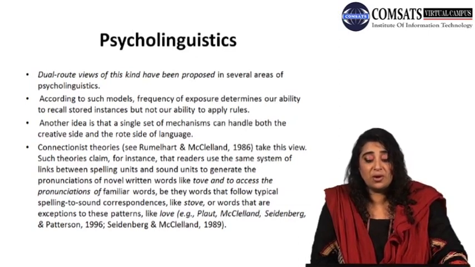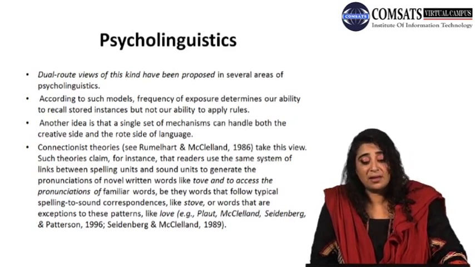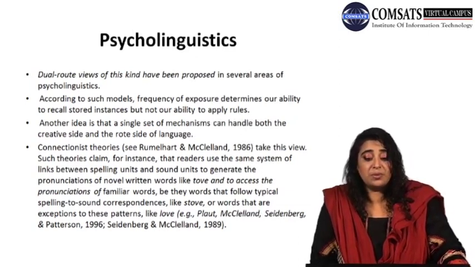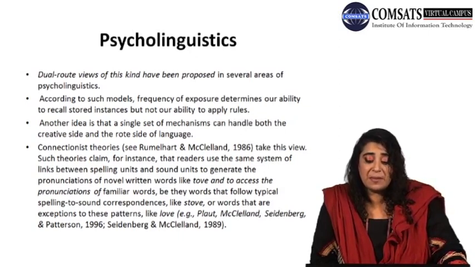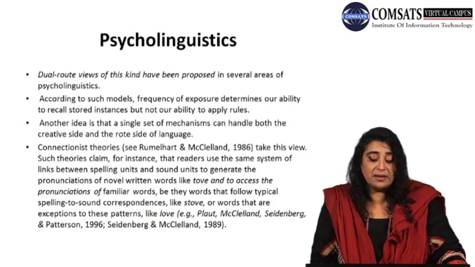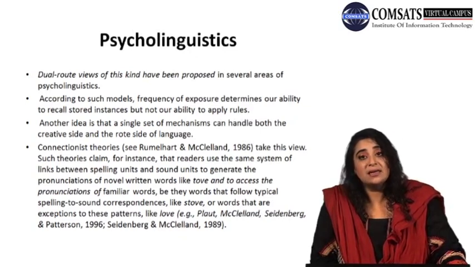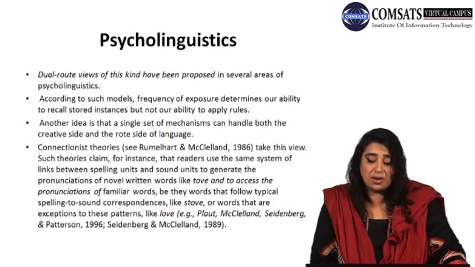Now, stove we already know as one word, so pronouncing tove would not be difficult for us. Or words that are exceptions to these patterns, like love. For example, Plaut, McClelland, Seidenberg, and Patterson in 1996 did research on that, and Seidenberg and McClelland in 1989, once again, did some research on how the words are linked.